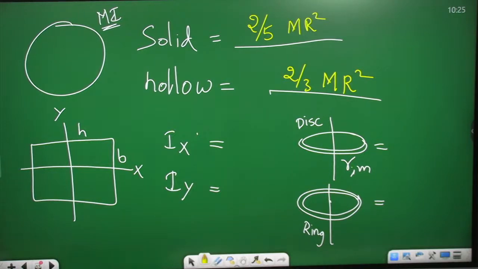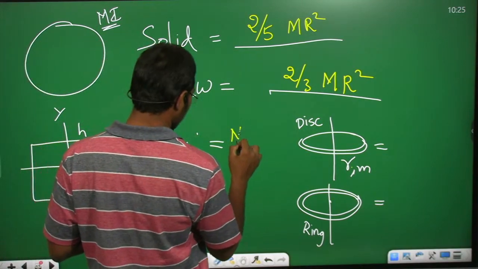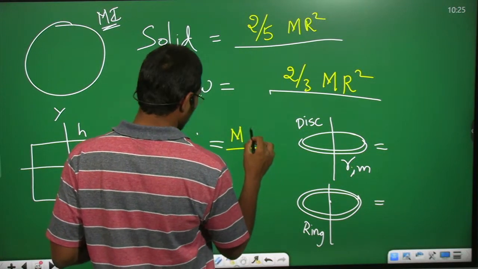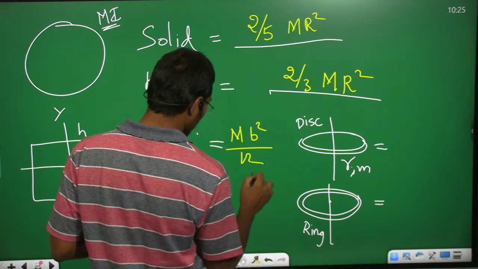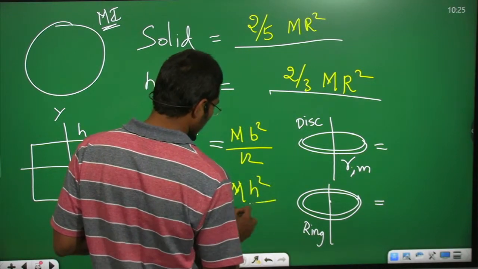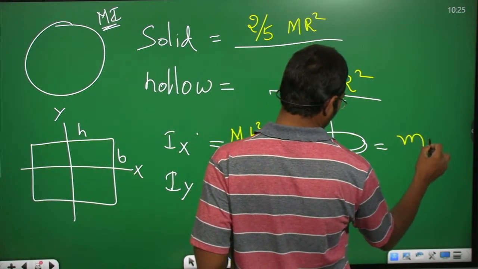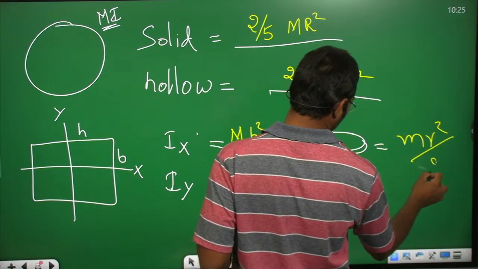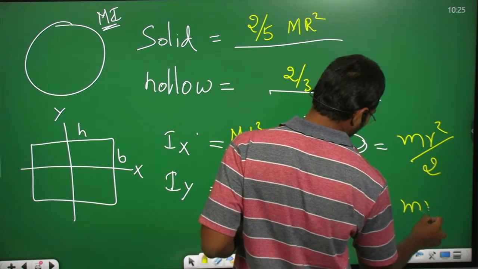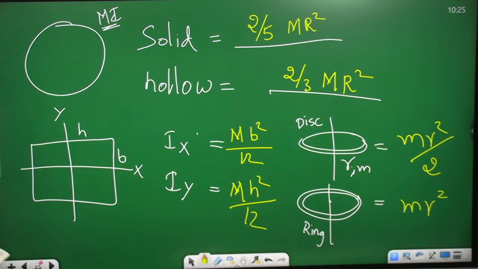Okay, Miss Pranavi, you are right for disk. So for Ix, it is m b square by 12 m h square. For disk, it is... Okay, these are basic fundamental figures.